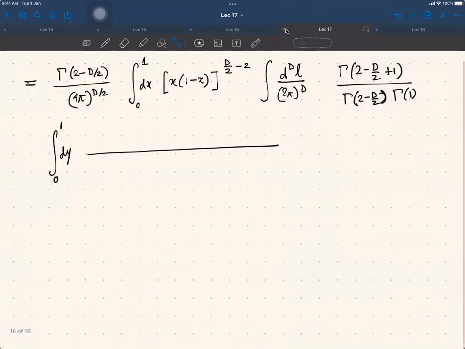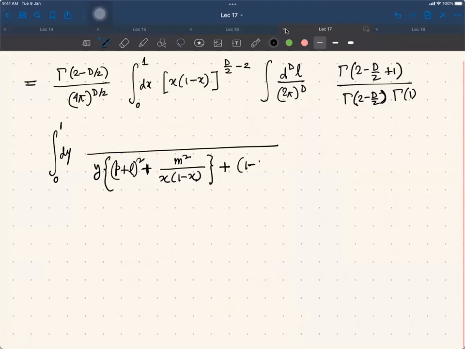Alpha 1 is y, plus 1 minus alpha 1 times the other factor a2, L square plus m square, to the power n1 plus n2, 2 minus d by 2 plus 1.